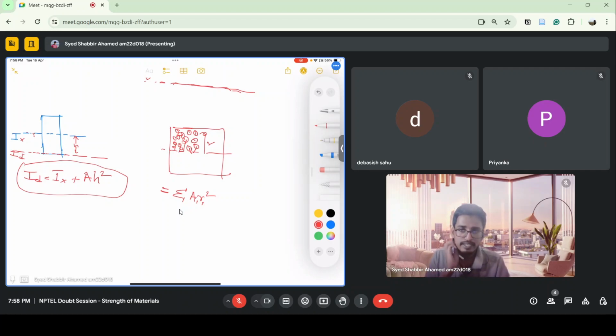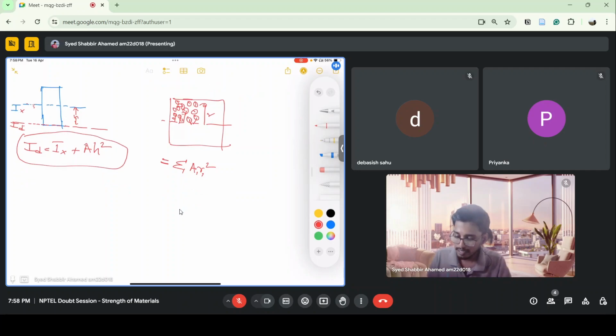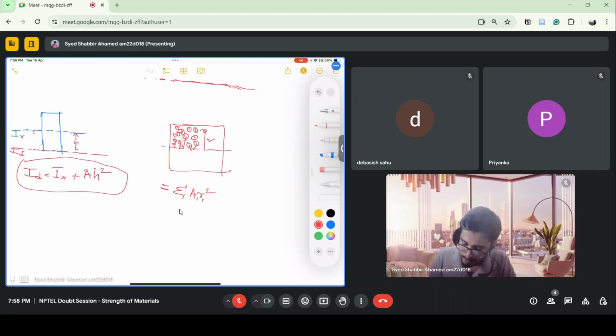Did you get it? It is like an average. Let's say I have a square, and instead of the square, I throw all the material of the square away to a distance r from the axis.